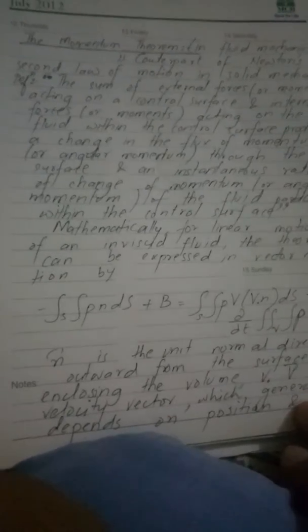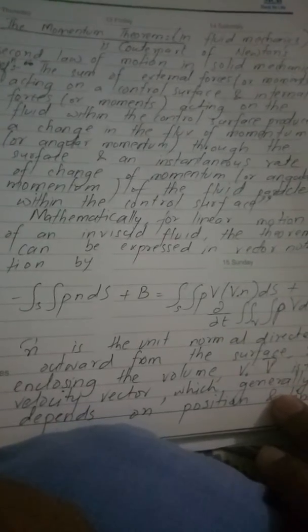In this definition we are dealing with external forces or moments acting on the control surface, together with the internal forces or moments acting on the fluid within it. Their collective sum produces a change in the flux of momentum, that is the angular momentum, through the surface, and an instantaneous rate of change of momentum or angular momentum of the fluid particles within the control surface.